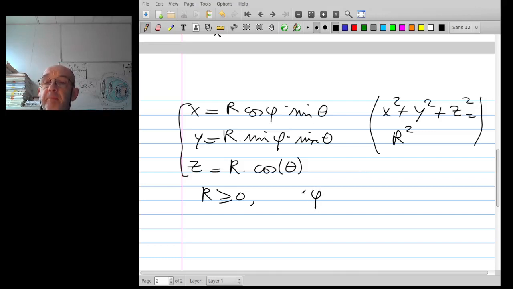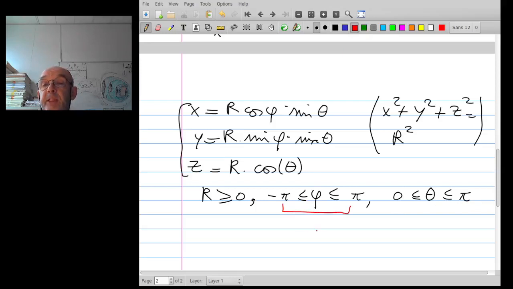The phi, you can take what you want in a certain sense, but if you have some interval of length 2 pi, I often do from minus pi to pi, but you may also do it from 0 to 2 pi. It doesn't matter to me if the length of the interval is 2 pi. And the theta, that is of importance. Theta you have to take between 0 and pi, and that is just an interval of length pi.